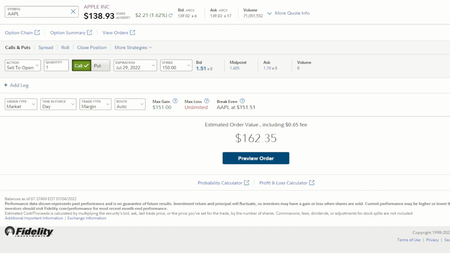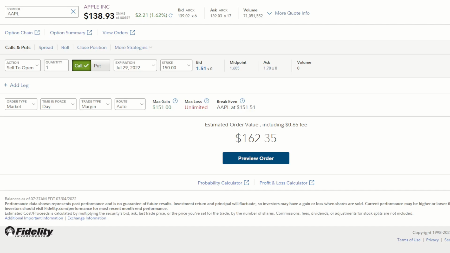We sold them the contract to call away our shares by July 29th at a $150 strike price. So if it goes up above 150, it's going to get called away. If it stays below 150, we're going to keep our shares. But either way, we're going to keep our premium. So we're putting our shares on the line here to get called away, but we're able to generate some extra income. So this might work out.